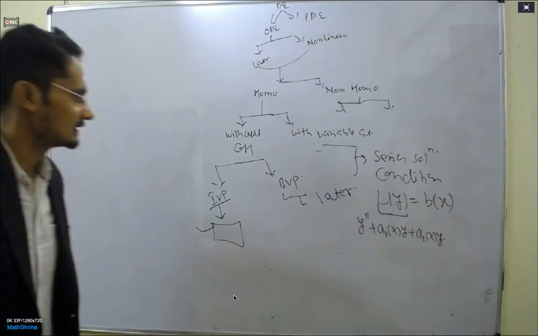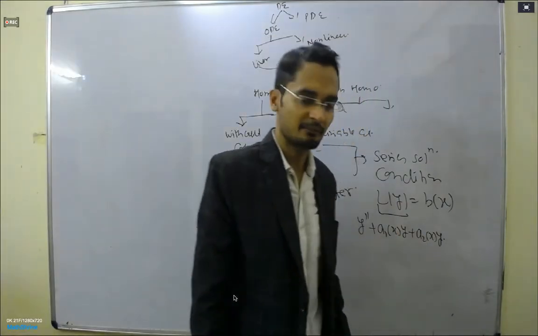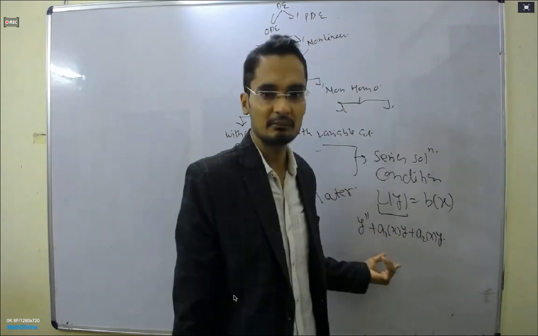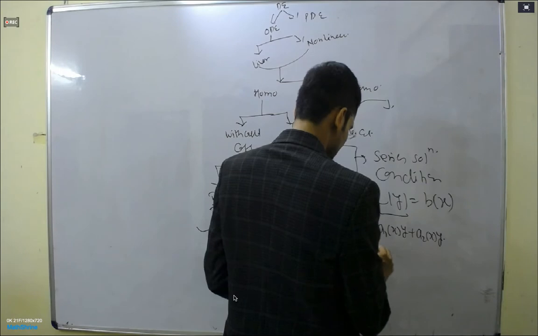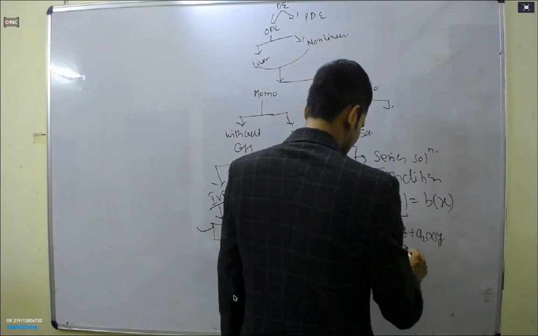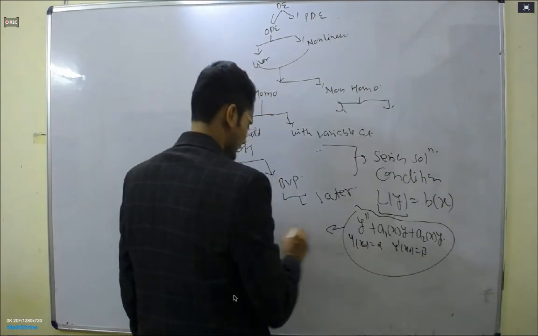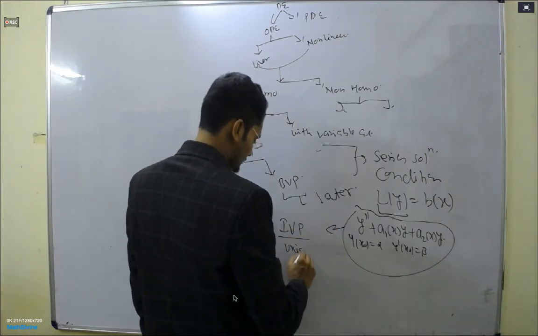We also concluded that if a1 and a2 are continuous, then for any initial condition, since this is second order, y(x0) = alpha and y'(x0) = beta, this becomes the initial value problem, and this initial value problem always has a unique solution.